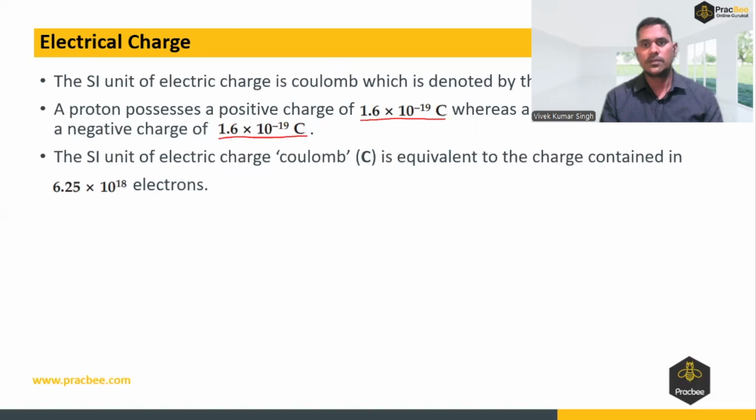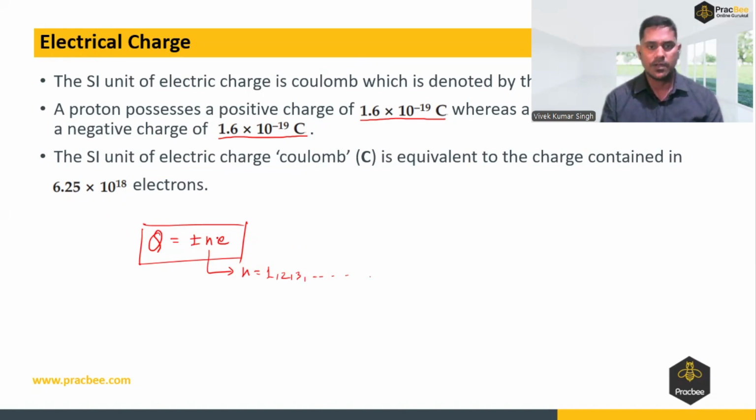Coulomb is the SI unit of charge, and the total charge on a body can be calculated by using this equation. Q is equal to plus or minus N E, where Q is the net charge on the body and N is an integer, where N can be 1, 2, 3, 4, and so on. It would be an integer.